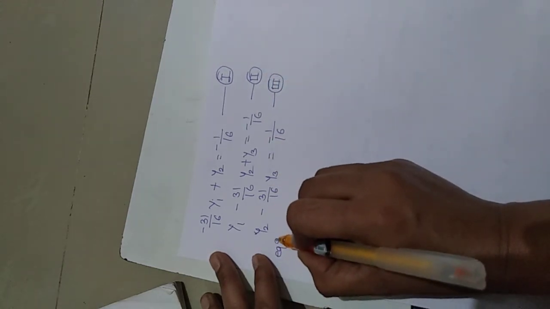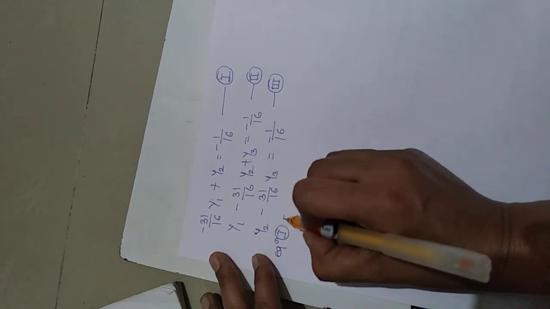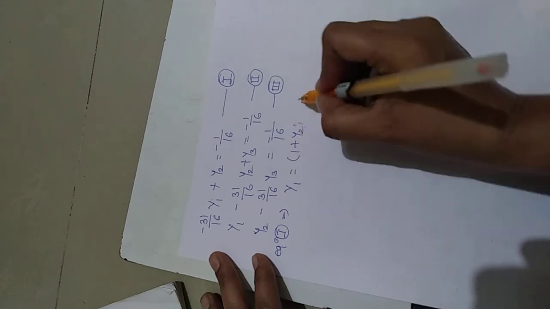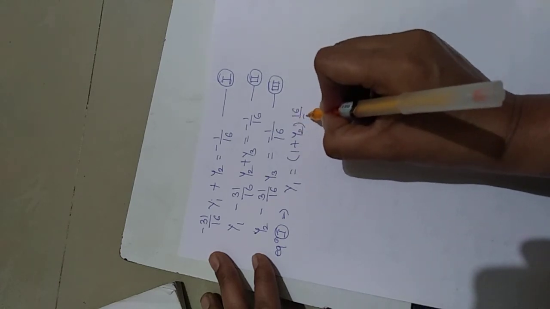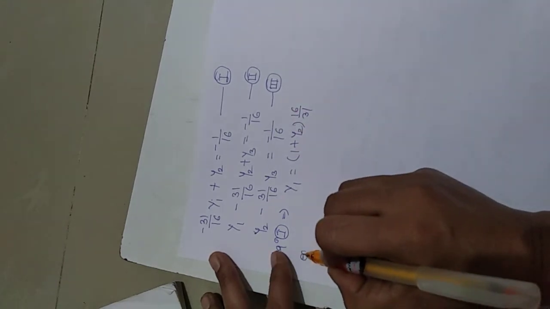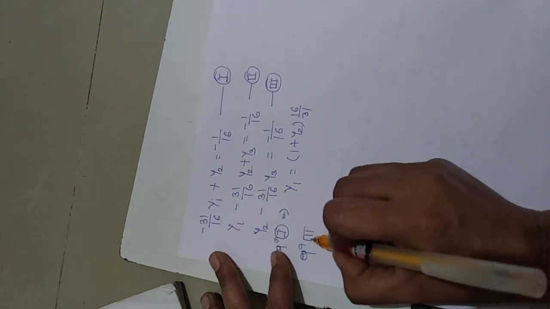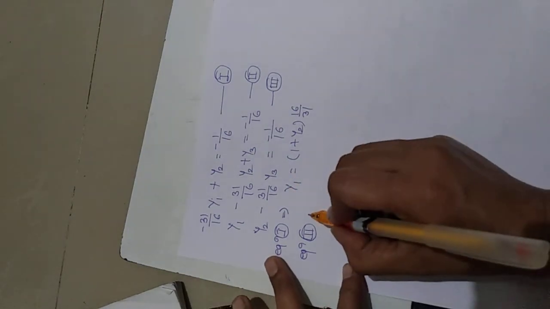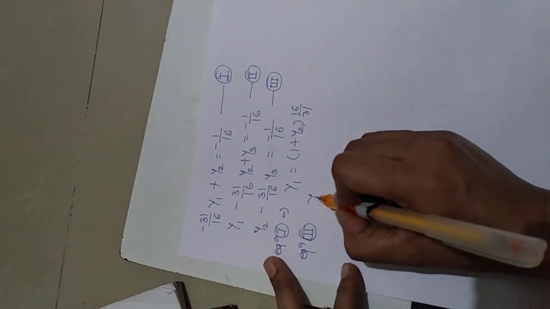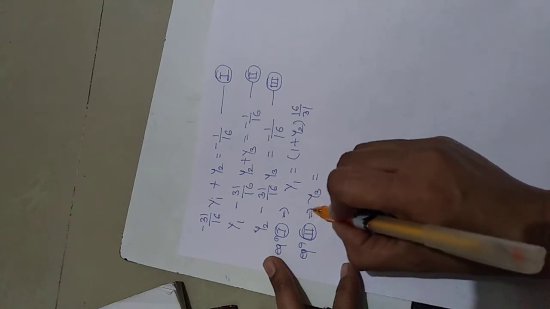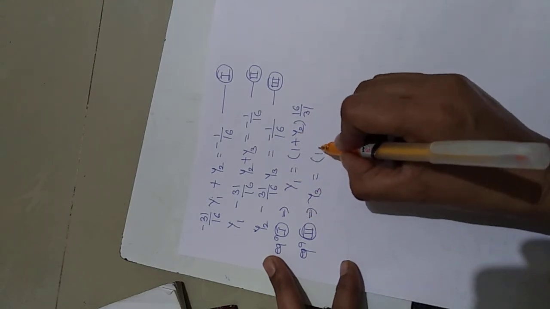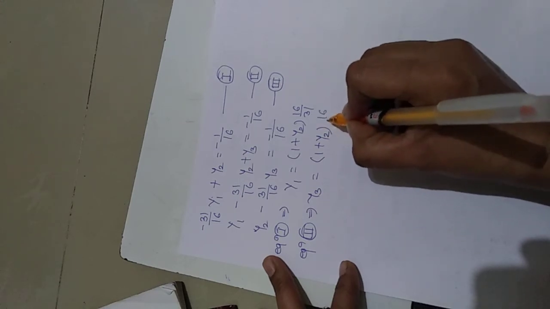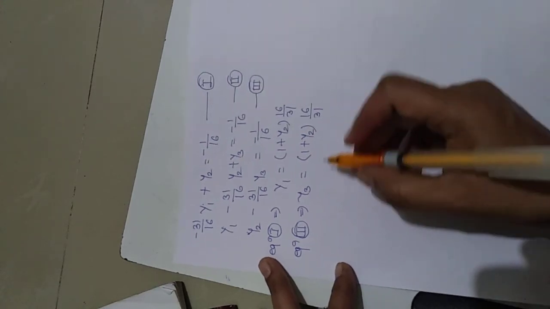From equation 1 it implies that y1 is equal to (1 plus y2) into 16 by 31, and from equation 3 it implies that y3 is equal to (1 plus y2) into 16 by 31.